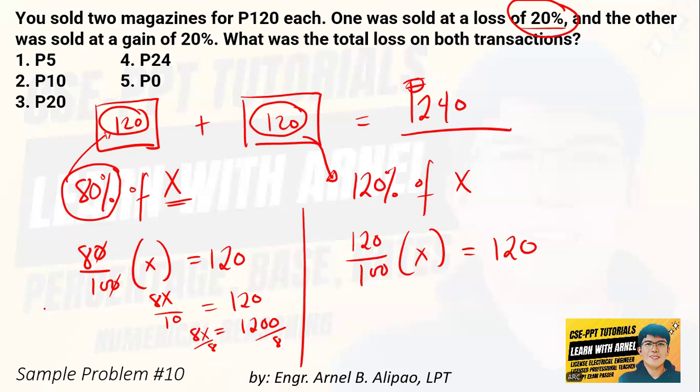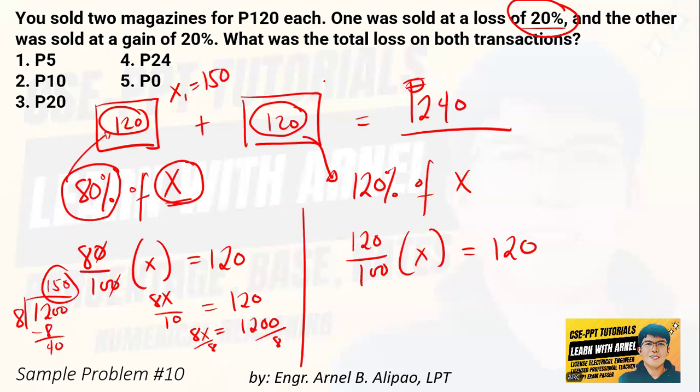Right? 1,200 divided by 8: 8 goes into 12 once, then 4, and bring down 0, 5. So you add 0 there, so 150. So meaning to say, the original price for your first magazine was 150. Okay, so let's put it here. Your original price, x1, is equal to 150.